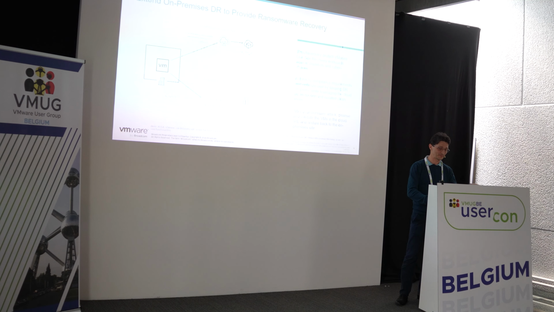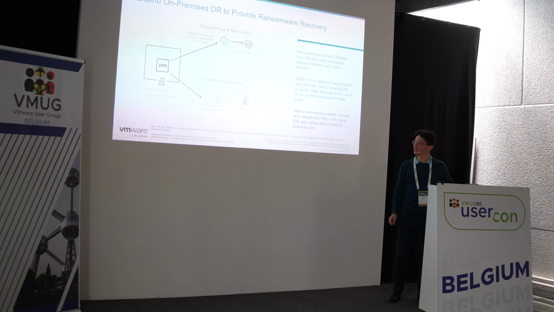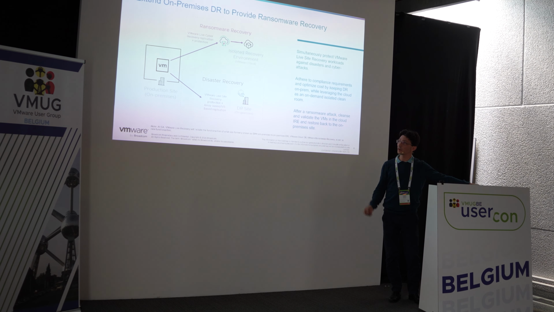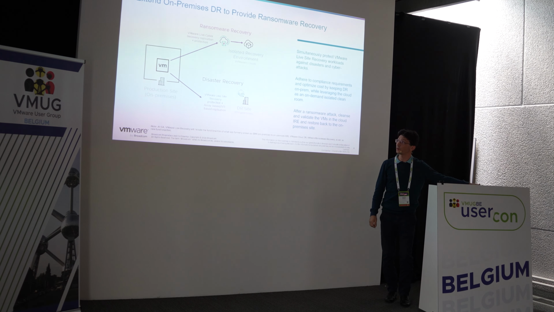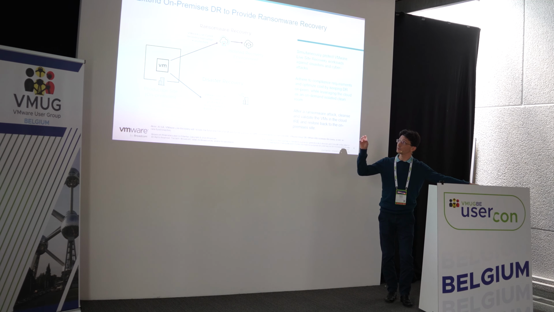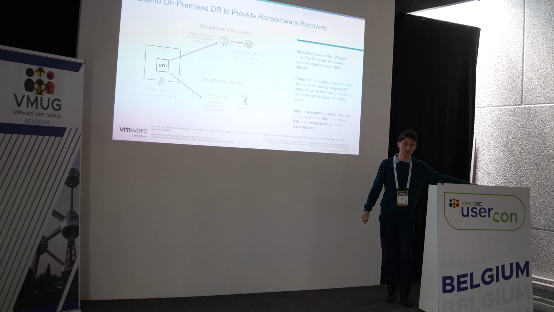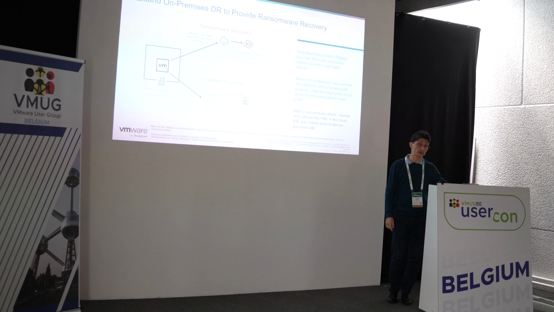So as I mentioned, now you can have a VM on-prem and keep protecting it on-prem to your DR site through SRM. But now, in addition to that, you can actually add ransomware protection. And this is something that a lot of customers have asked for.